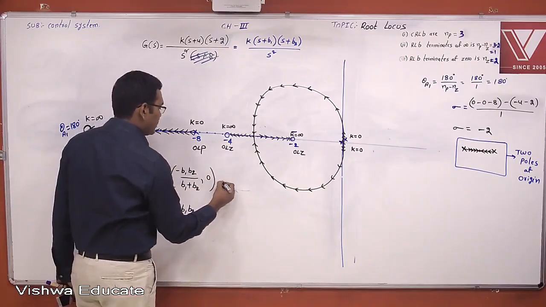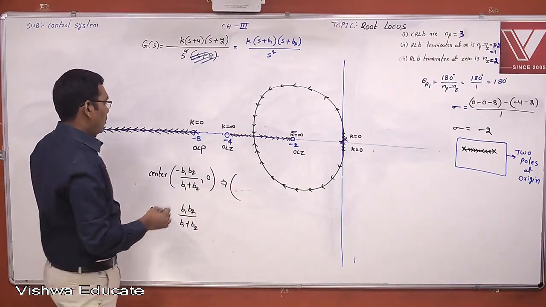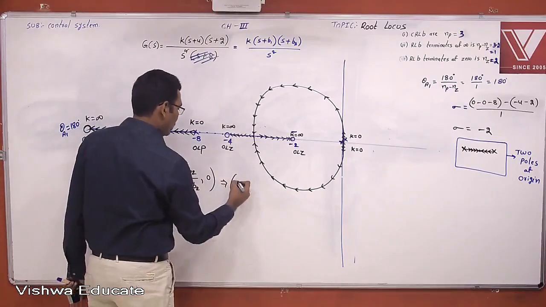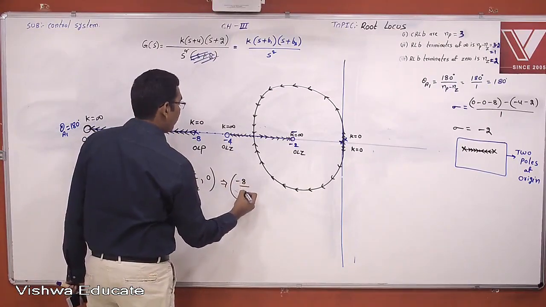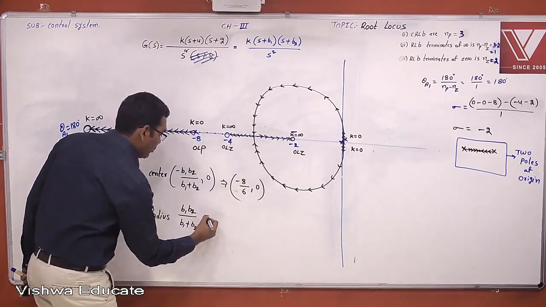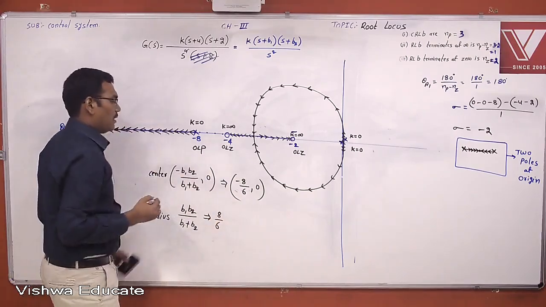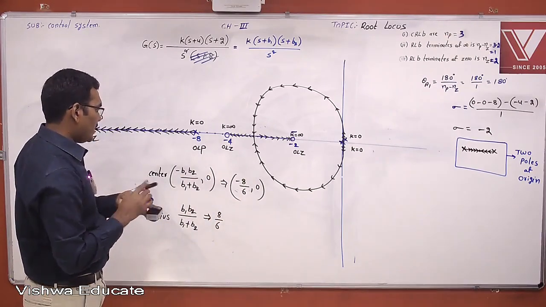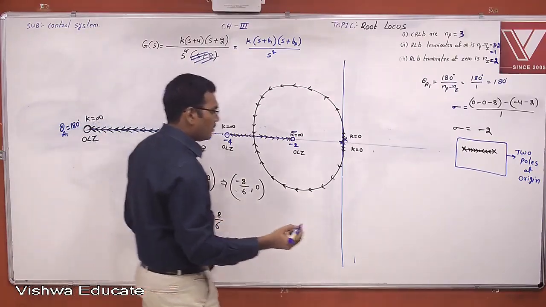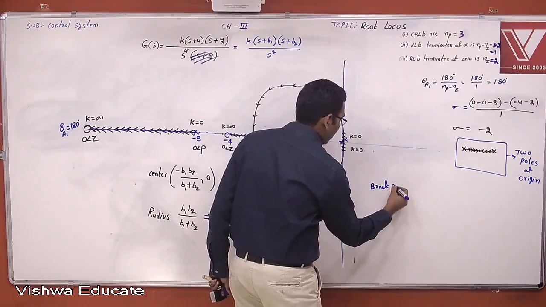Now see, in our case b1 is 4, b2 is 2: minus 8 by 4 plus 2, that is 6, so minus 8 by 6 comma 0. What is the radius? 4 into 2, 8 by 6. Therefore, the center plus or minus radius is nothing but the break point.